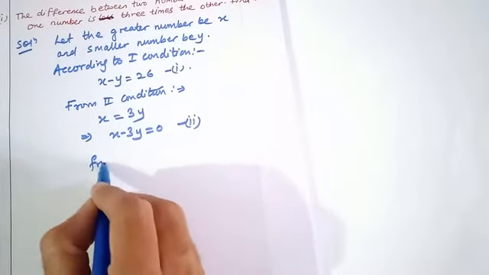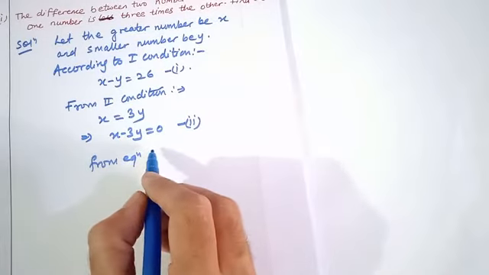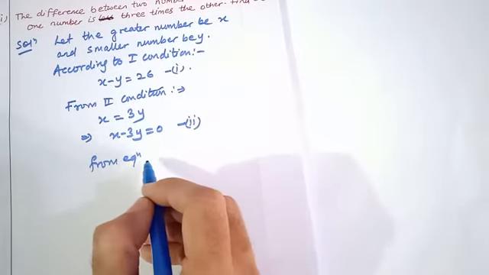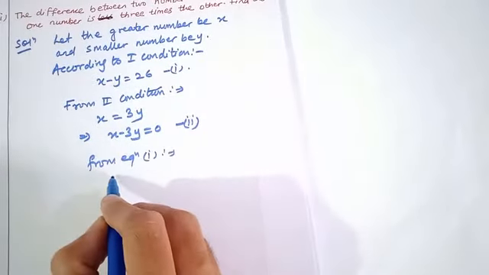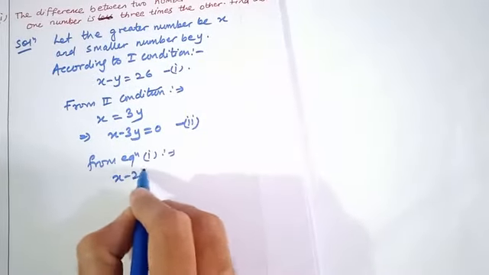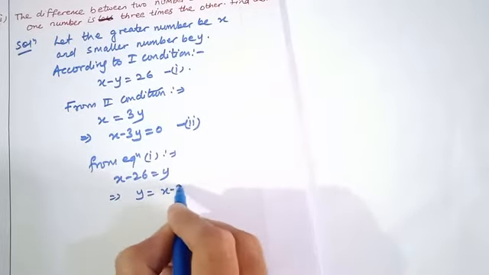We are doing the same as we have done in previous sums. For the substitution method, from equation 1 we will get x minus 26 equal to y, or y equals x minus 26.